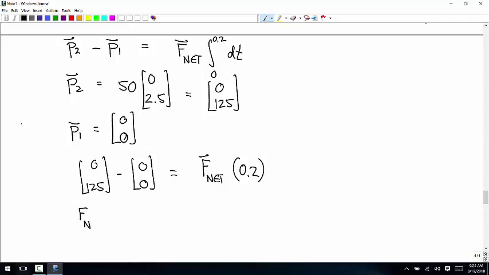And so F net is equal to (0, 625). That's the net force, that's not the contact force. In the baseball case, if you made the assumption that the net force and the contact force were pretty close to the same thing, you would have gotten a good answer.